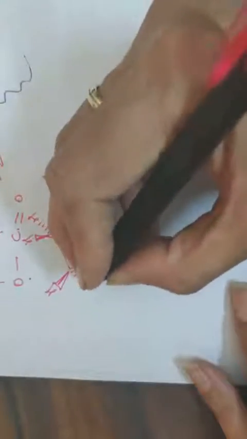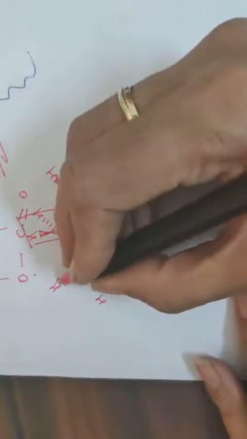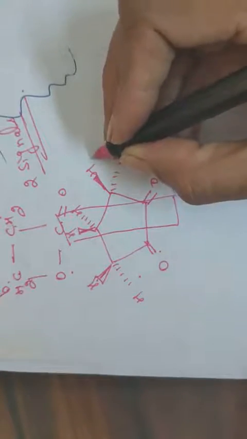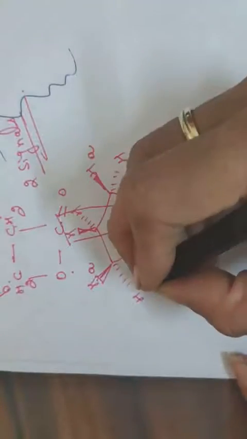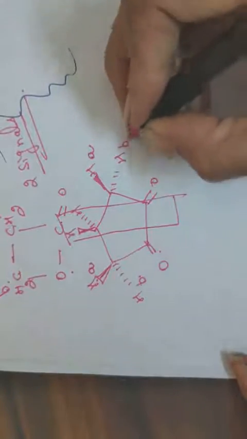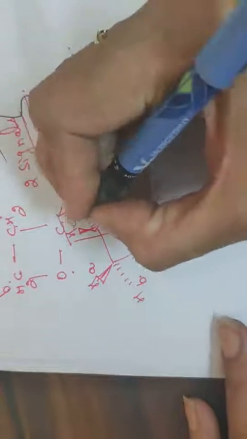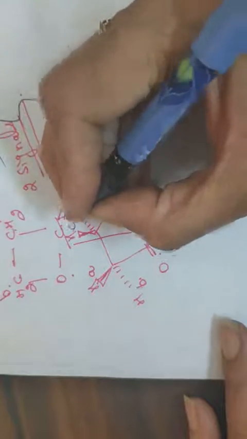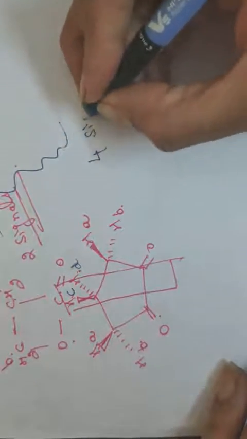If you pass a mirror plane from here, this hydrogen and this hydrogen are reflected by the plane. So if this is A, this is also A. If this is B, this will be B. Whereas these two hydrogen atoms are bisected by the plane of symmetry, so these will be different. This is C, this will be D. So how many signals will be there? 4 signals.